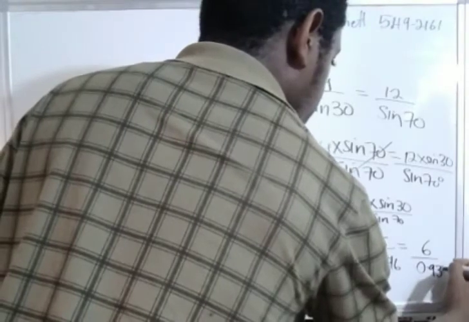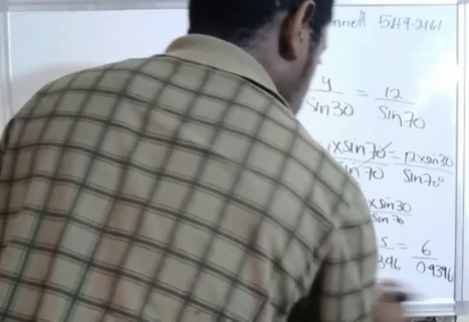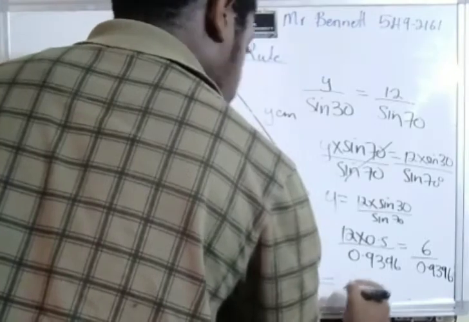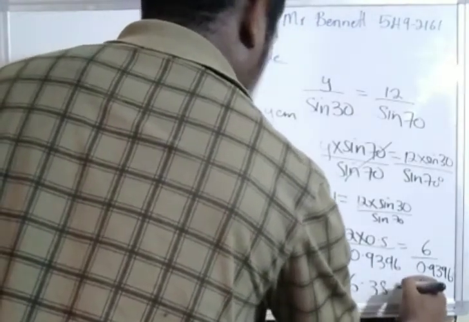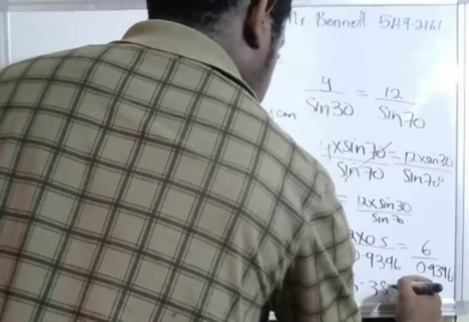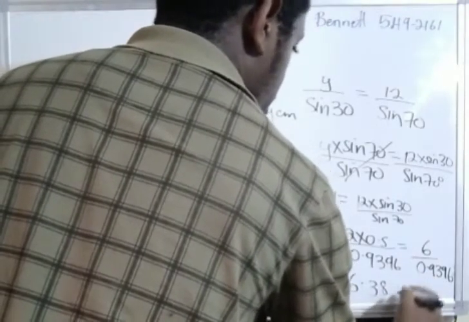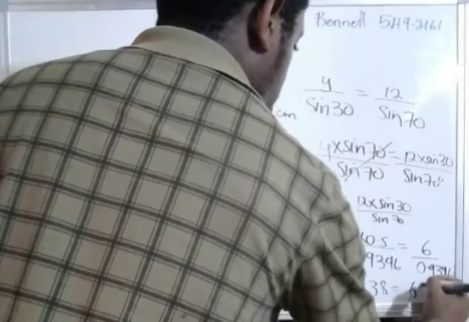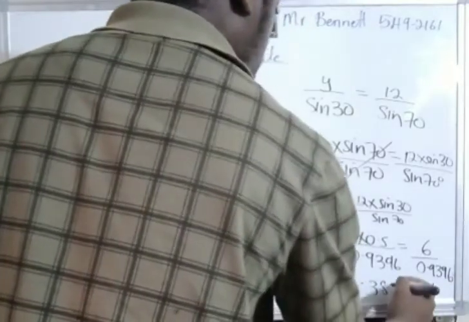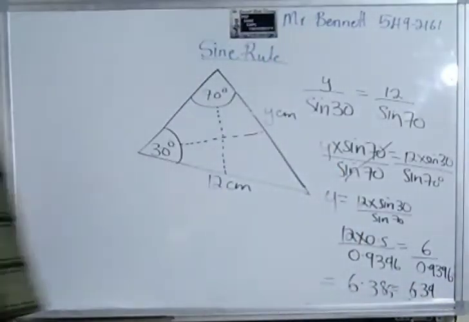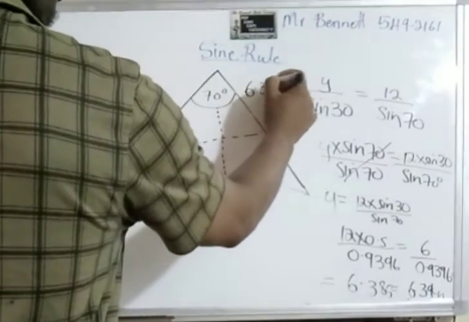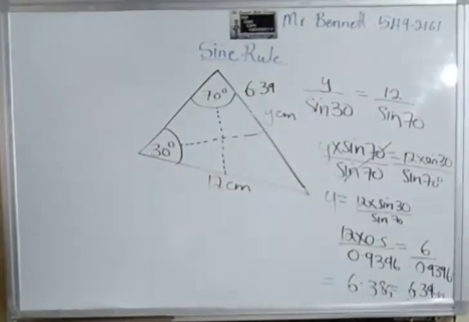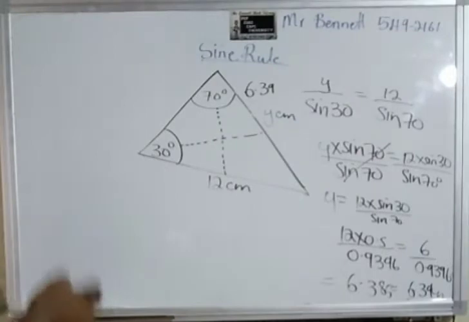Some people are visual learner. But the final answer would be 6.38. And if it's 2 decimal place, it would be 6.39, because a 5 come right here. And remember your unit. So what it is saying, the length of this is 6.39.